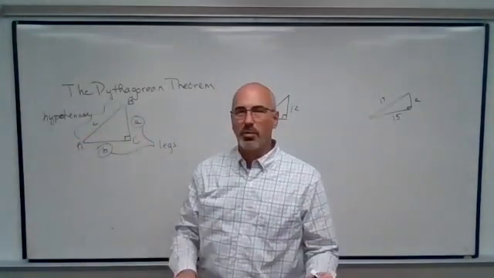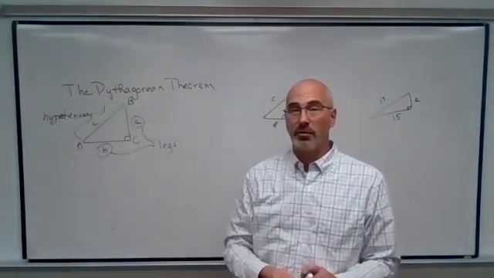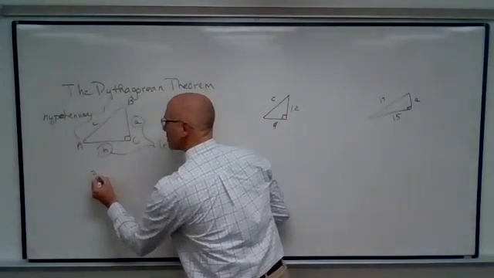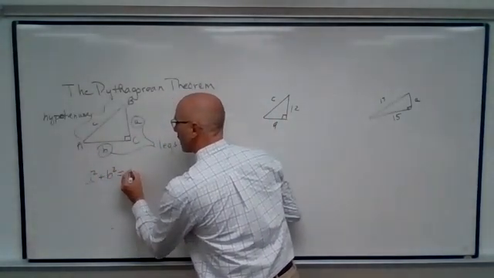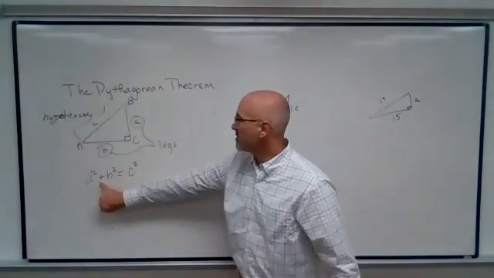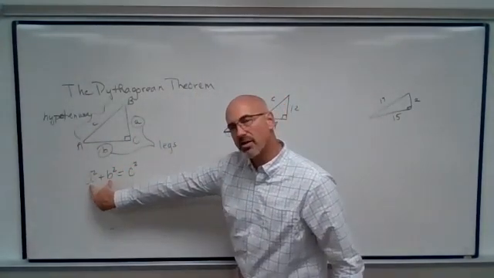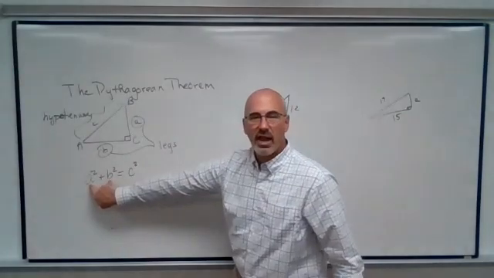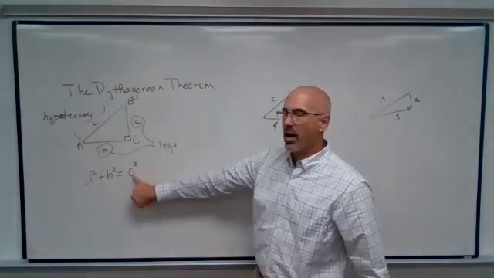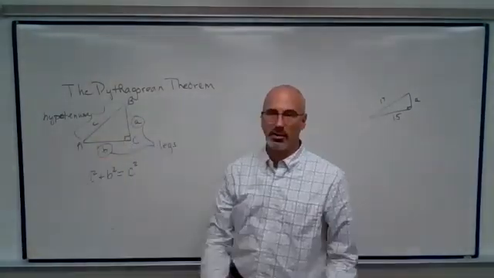So we have a formula. I'm sure you have heard it before or seen it, maybe even worked with it. And that is A squared plus B squared equals C squared. So once again, the sum of the squares of the lengths of the legs of a right triangle is equal to the square of the length of the hypotenuse.